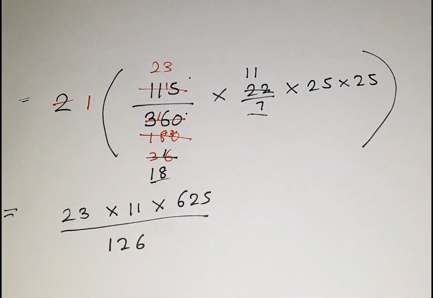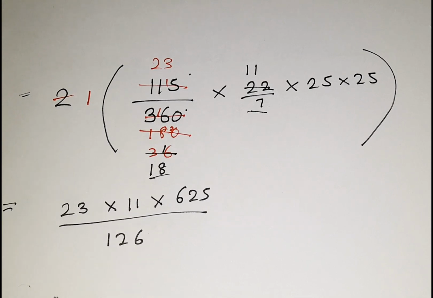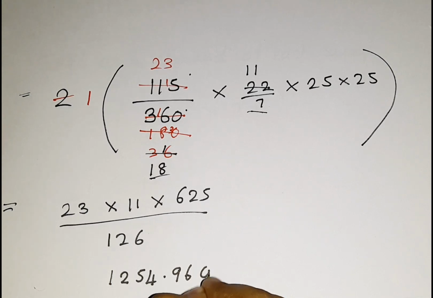When we multiply these values and divide that number by this number, we get 1254.96 centimeter square. So this is going to be our answer.